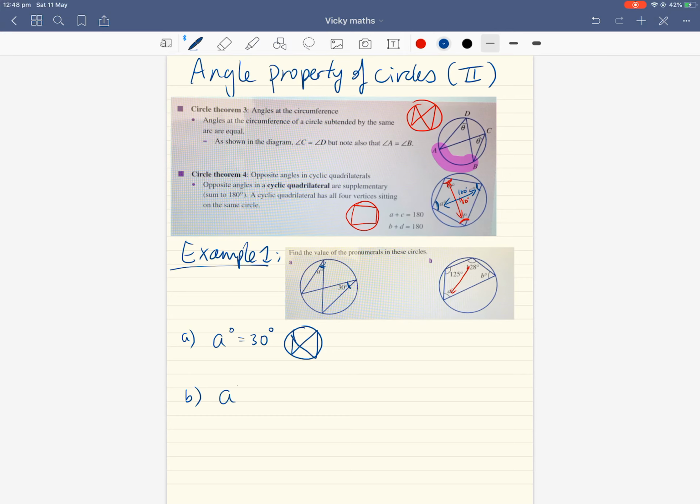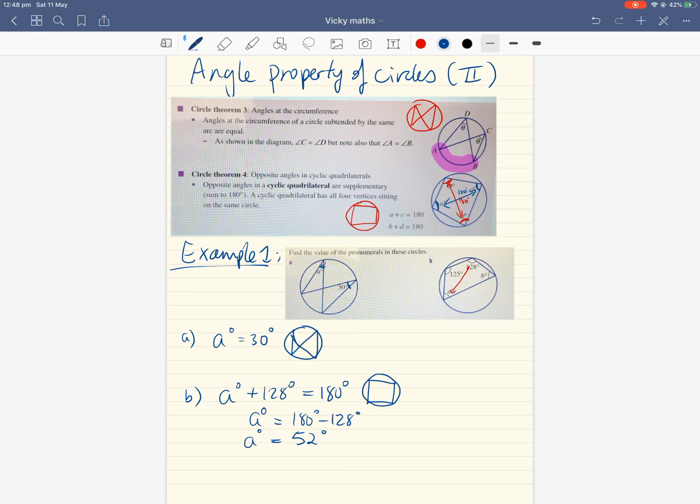So A degrees plus 128 degrees is 180 degrees. Why? Because, explain using symbols, we've got the cyclic quadrilateral theorem. And so that means A degrees must be 180 minus 128.